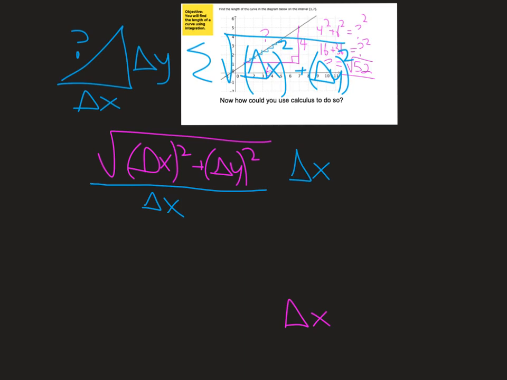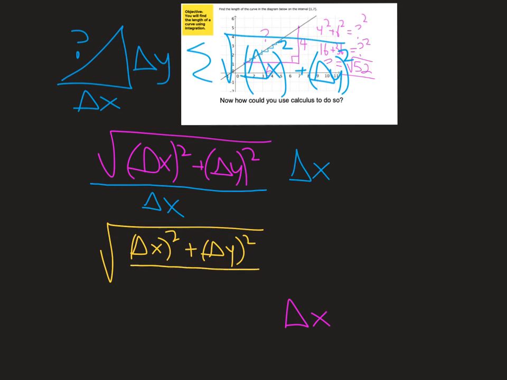Okay, so if I slide that delta x underneath the square root, if I write that as a big square root, I still have delta x squared plus delta y squared over delta x squared, because when it comes inside, it needs to be squared. And I'm actually going to cheat.